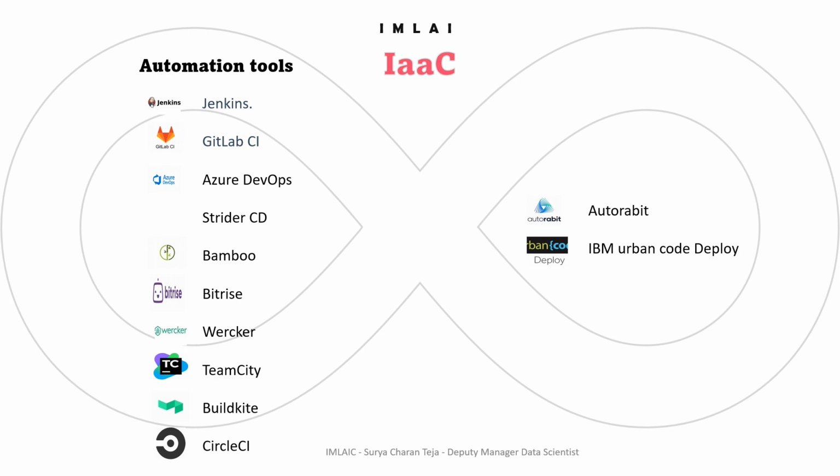The most famous tool is Jenkins. Then after that, GitLab CI is another famous tool. I saw most of my friends using this, but we are using Jenkins. Then Azure DevOps and Bamboo is another famous tool. Then CircleCI. This is also a famous tool. Then AutoRABIT, and some use IBM UrbanCode Deploy, that has a capability for continuous integration, continuous delivery, and continuous deployment too.